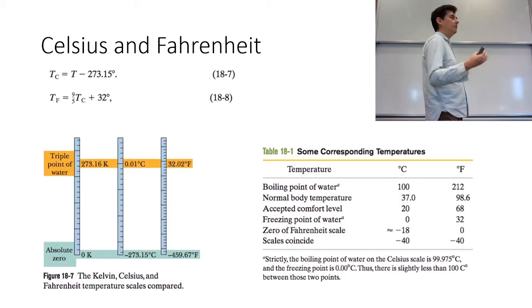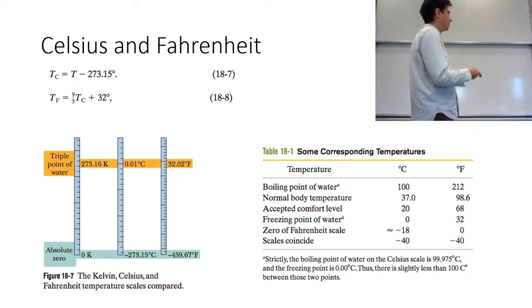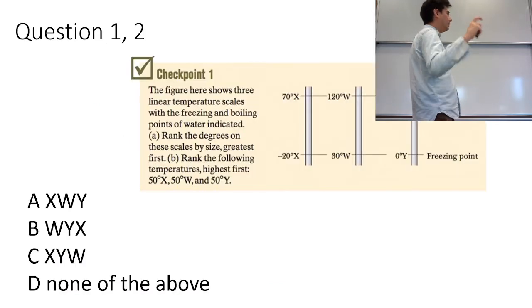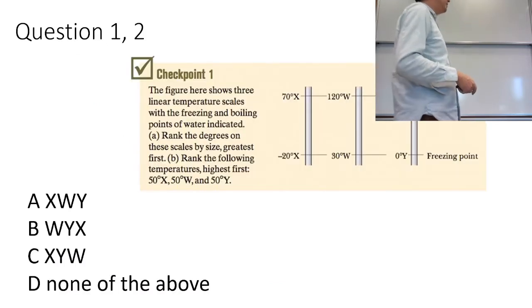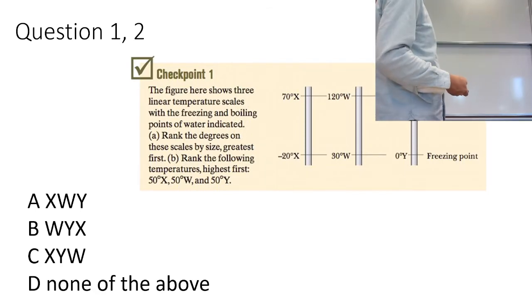Linear meaning that they only differ by some offset, which would be these numbers, or some multiplicative factor of what a unit, what a degree in that scale is. So of course Fahrenheit and Celsius have different units, right? 1 degree in Fahrenheit is different to 1 degree in Celsius, but you just multiply it by some factor.